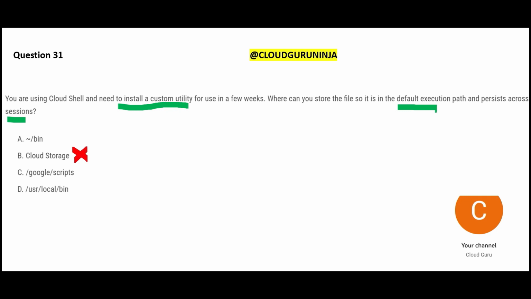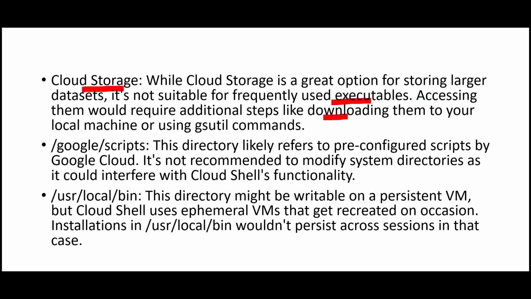And if we talk about the Google scripts directory, this likely refers to pre-configured scripts by Google Cloud. It is not for our requirement here for system directories. Similarly, user local bin might be writable on a persistent VM, but Cloud Shell uses ephemeral VMs that get recreated on occasion.